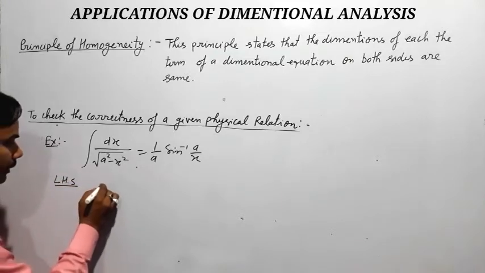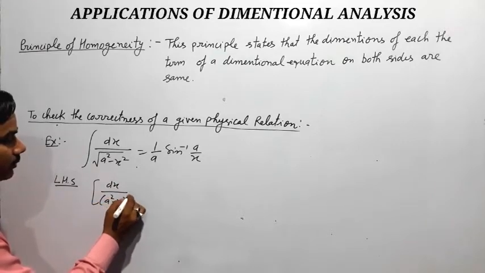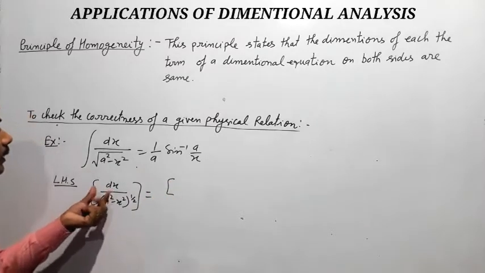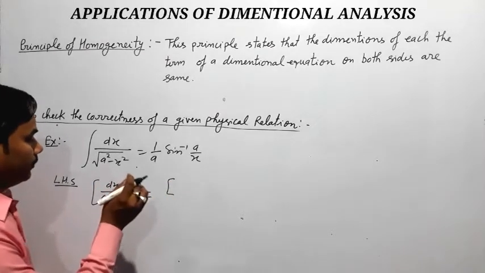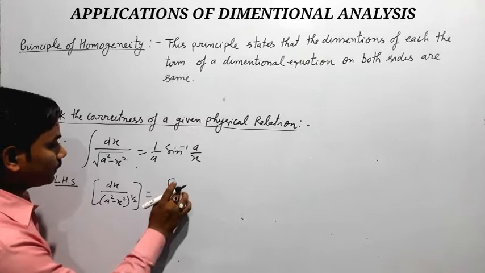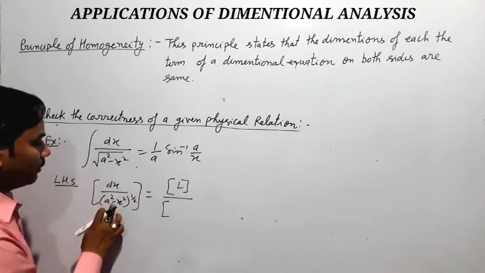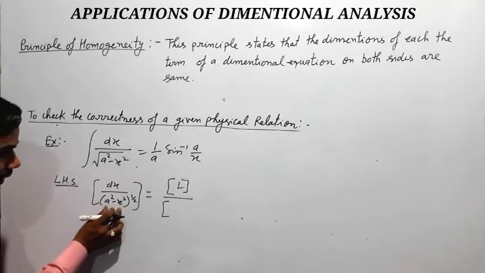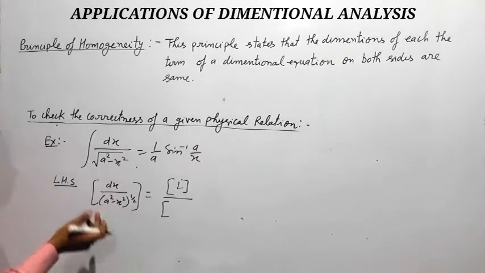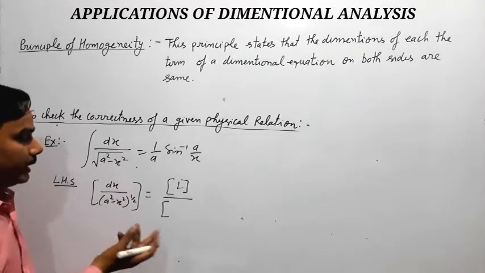The left hand side term is dx divided by a square minus x square, to the power 1 by 2. We will write the dimension of dx. We are given that x is measured in meter, so the dimension of dx will be L. Now the dimension of a square minus x square: there are two terms, and the dimension of each term will be the same, because the principle of homogeneity says that those physical quantities which have the same dimensions can be added or subtracted.